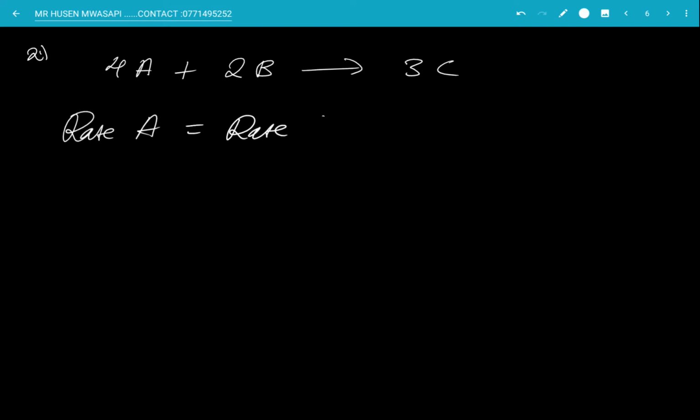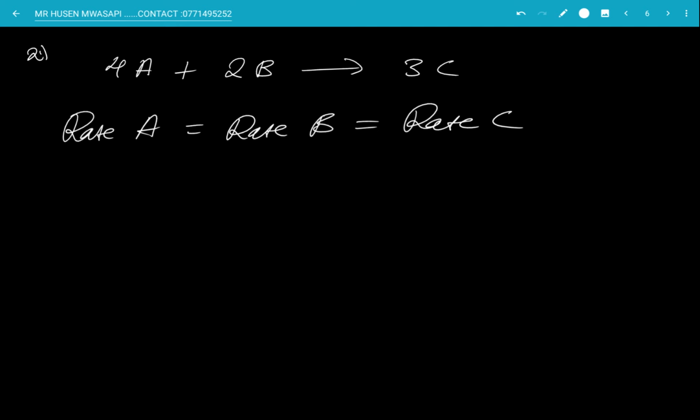Now, what you need to understand is that the relationship is very, very paramount to know. So let's do one last example of a relationship. Suppose we have, say, 4A plus 2B producing 3C. So how is going to be the relationship? We're going to say rate A is equal to rate B, and rate B is equal to rate what?